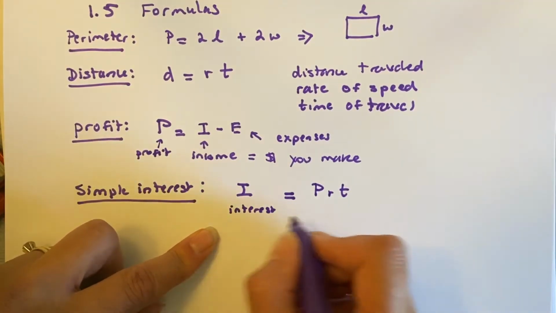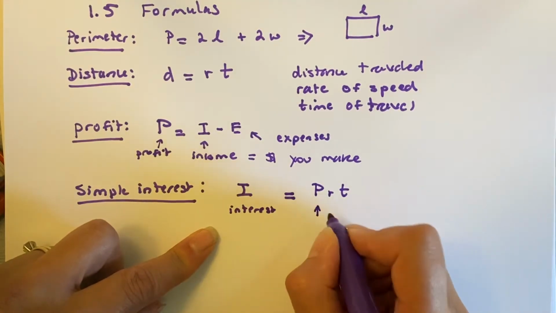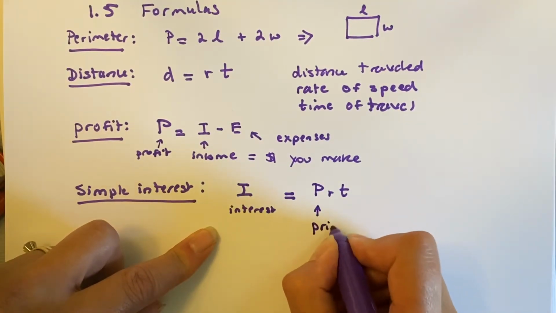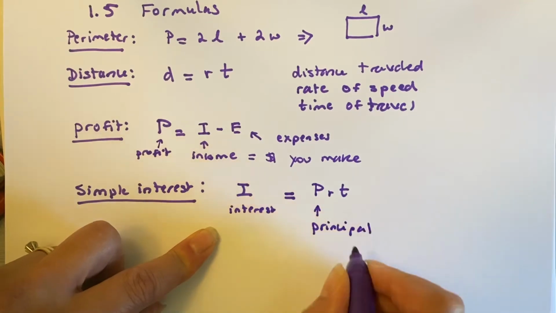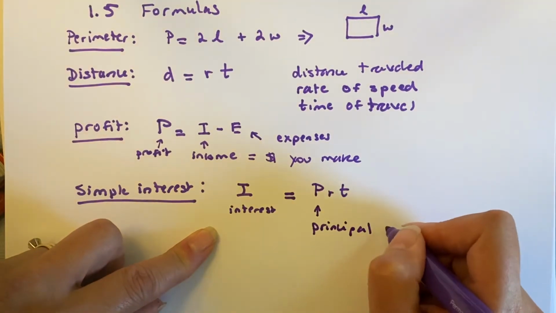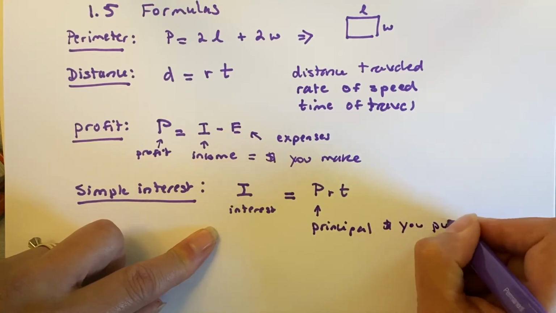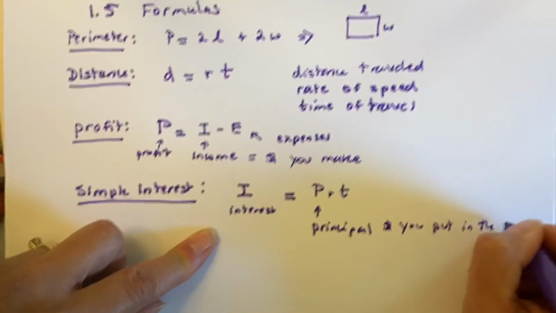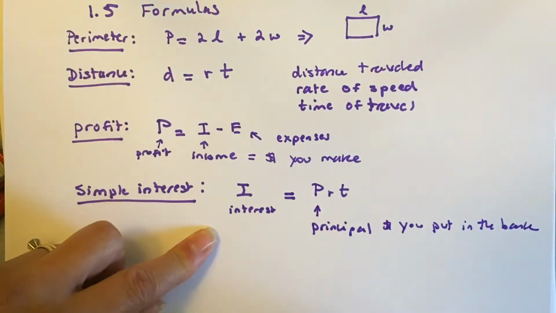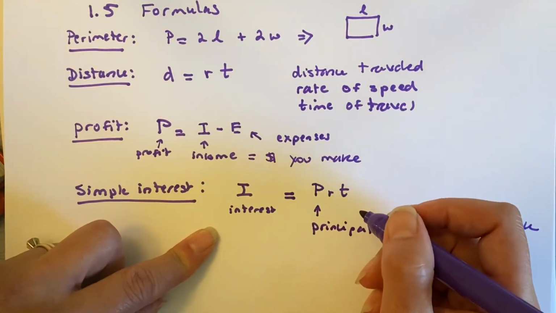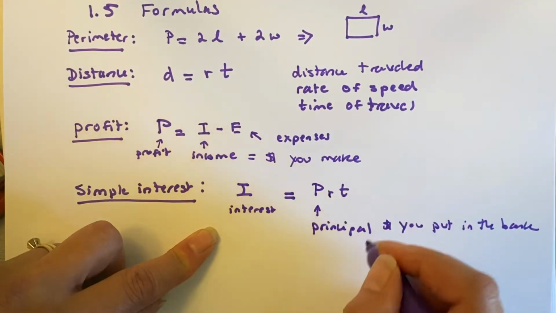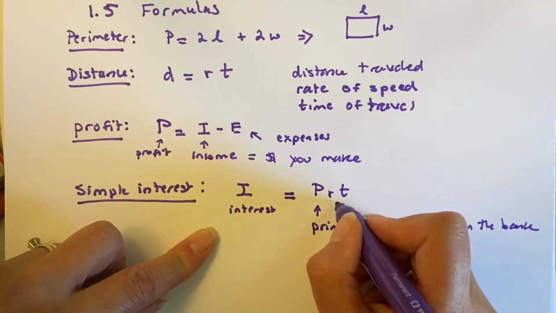So interest, this P means the principal. You've got to picture a bank. Principal is the amount of money you put in a bank. R is how much interest they give you. It's called the interest rate.